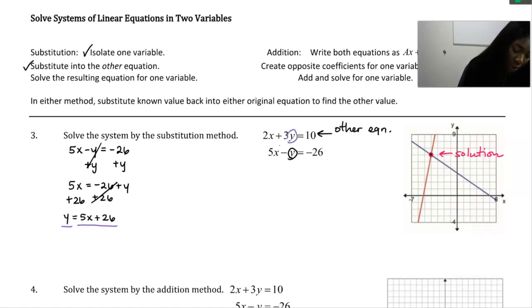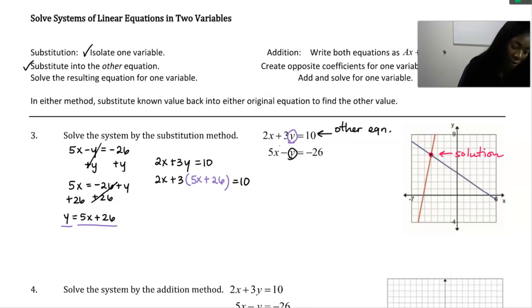I'm going to substitute in for that y in the other equation. The other equation was 2x plus 3y is equal to 10. I'm just copying it over. And now, instead of writing y, I'm going to substitute in that y is 5x plus 26.